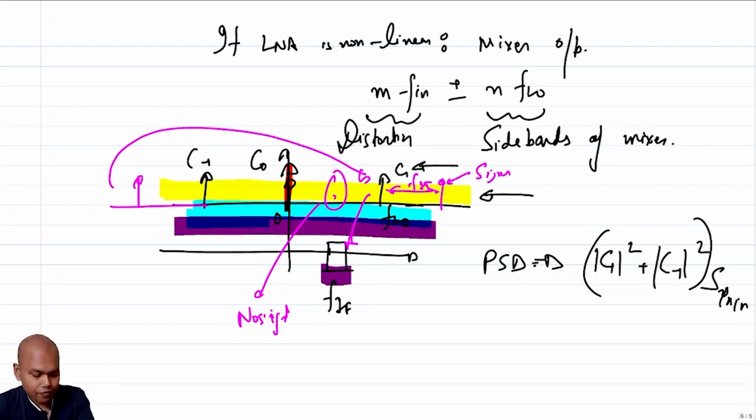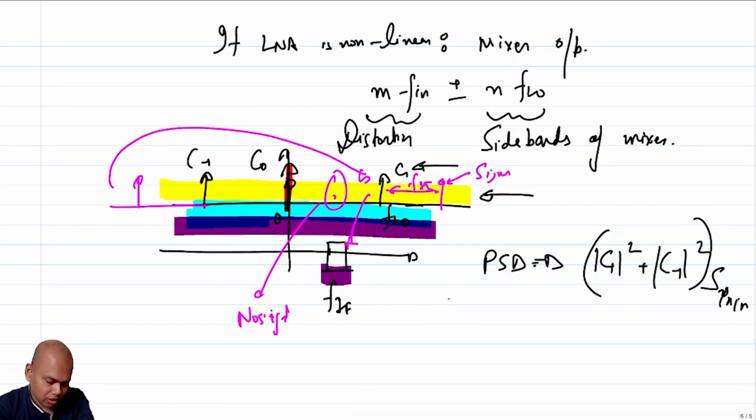So at FIF, I am only getting signal contribution from one of the sidebands, but noise contribution from both the sidebands. Hence, for the noise figure, there are two types of definitions usually used. If I am only considering the signal contribution from one of the sidebands, then I am going to get a lower noise figure, because the power of the signal is not doubling, but the power of the noise is anyway doubling. So there are two types of noise figures.